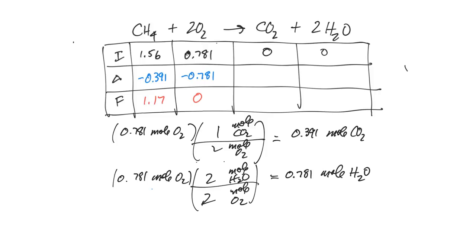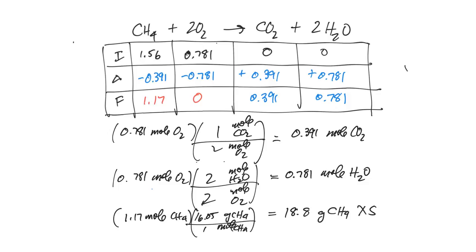As we've seen before in class, if I want to relate the moles of something to the moles of something else, I'm going to take my limiting reactant here, use that up, and use that to predict both the moles of CO2, which is going to go right there, and the moles of water, which is going to go right there. And I can just enter those quantities right there. Notice that I'm producing 0.781 moles of water, and I can see that based on that mole relationship right there.